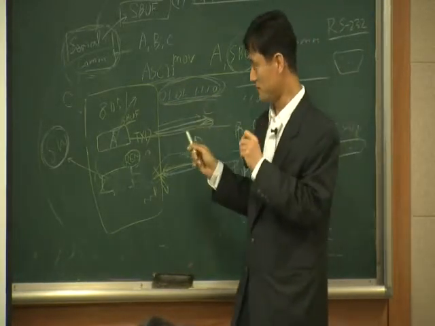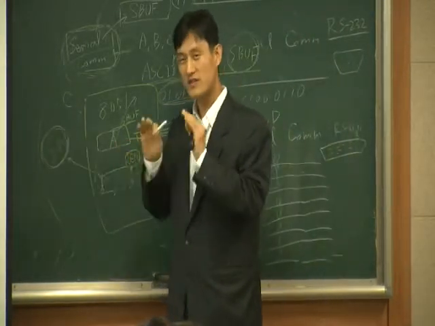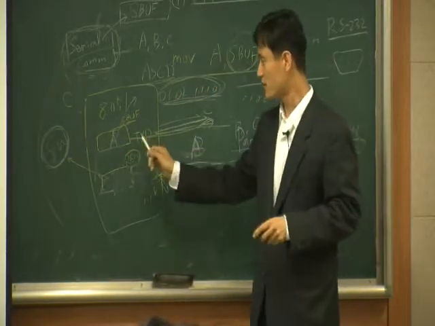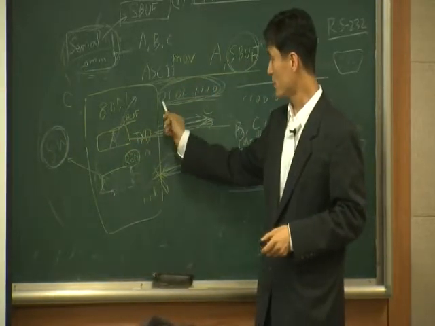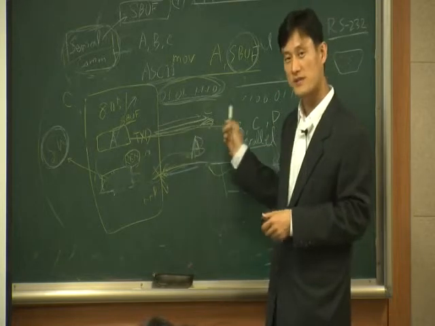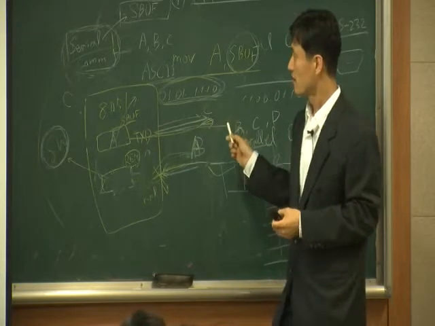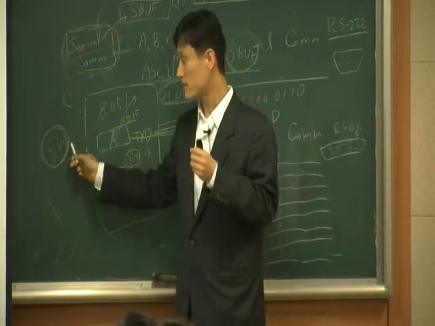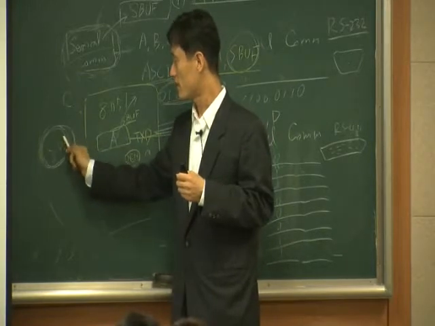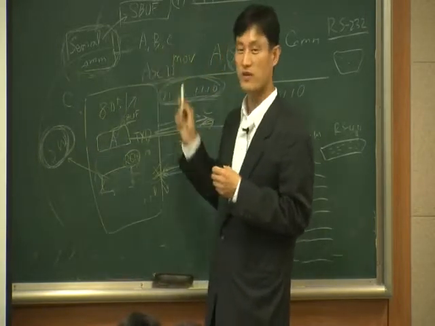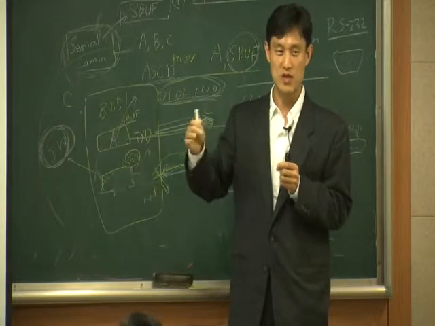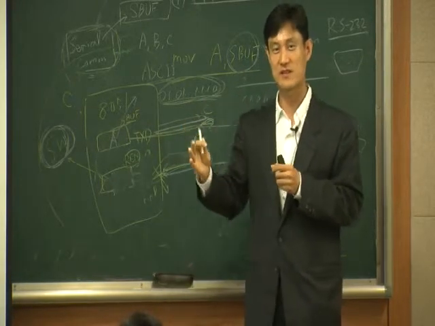But let's say software doesn't know. Software never knows whether all these 8 bits are already transmitted or not. So think about it this way. Let's say the software wants to transmit very fast. I want to transmit ABC, very fast.